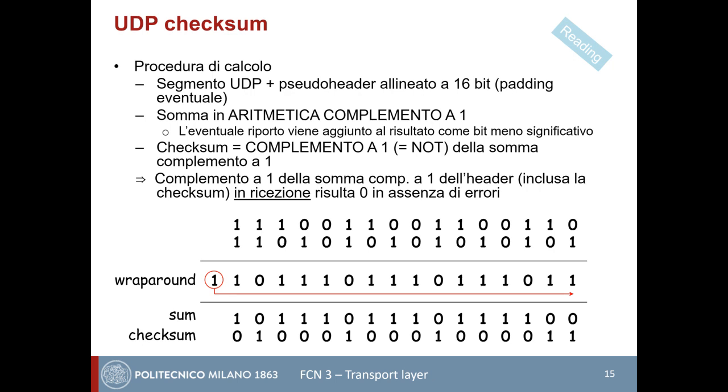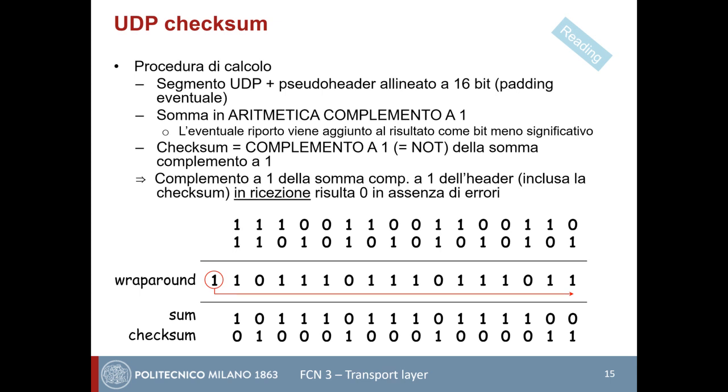So for example, in this case, we have 0 plus 1, that is 1, and that's the result. 1 plus 0 is 1, 1 plus 1 is 0, and then there is a carry that is summed in the next bit. So it's 0 plus 0 plus 1 that comes from the previous bit, and so the result is 1, and so on. When you arrive at the last bit, the most significant one, if there is a carry, this is summed to the first bit.